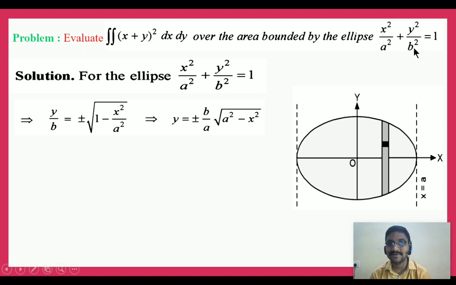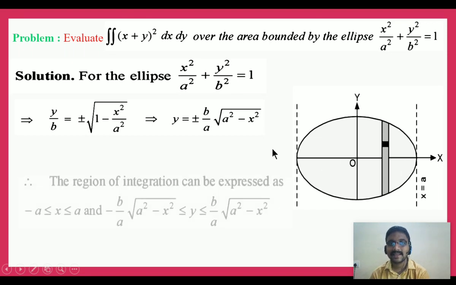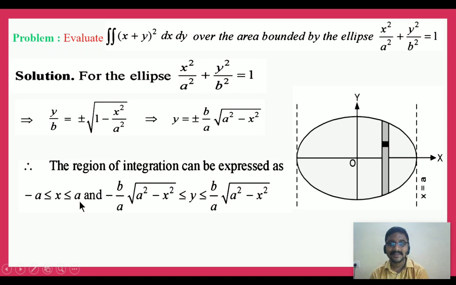Putting y equal to 0 in the curve, x square by a square plus 0 square by b square equal to 1, that is x square is a square, x is plus or minus a. The ordinates along the x-axis are negative a and positive a. Thus x varies from negative a to positive a. So these are the limits.